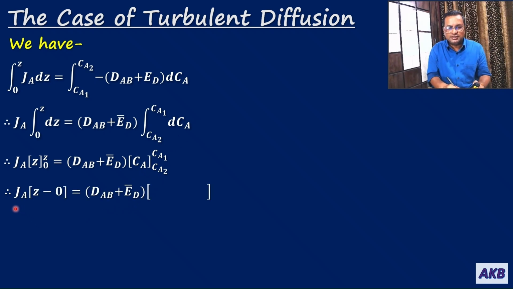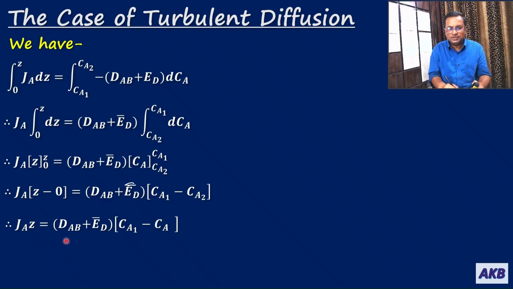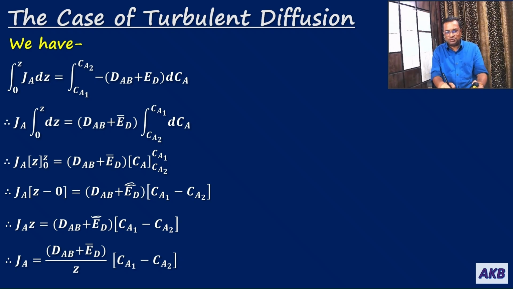When you apply the limits, it will be JA into (Z minus 0) equal to (DAB plus ED bar) into (CA1 minus CA2), that is JA into Z is equal to (DAB plus ED bar) into (CA1 minus CA2), that is JA is equal to (DAB plus ED bar) divided by Z, into (CA1 minus CA2). A simple integration. So you get this equation for JA.